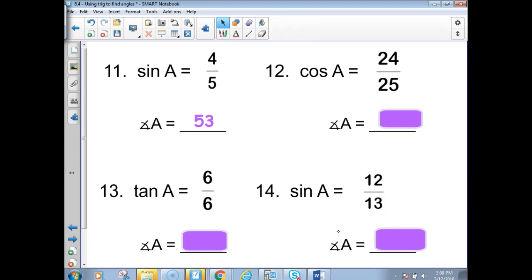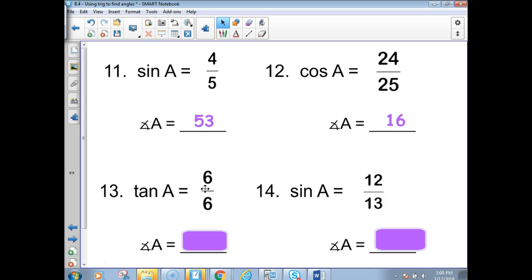Okay, so try the next ones, please. Just type them in. And then check if you got your answers right. Number 12 should be 16. Now, how come number 13 was 45 without maybe even looking or using the calculator?